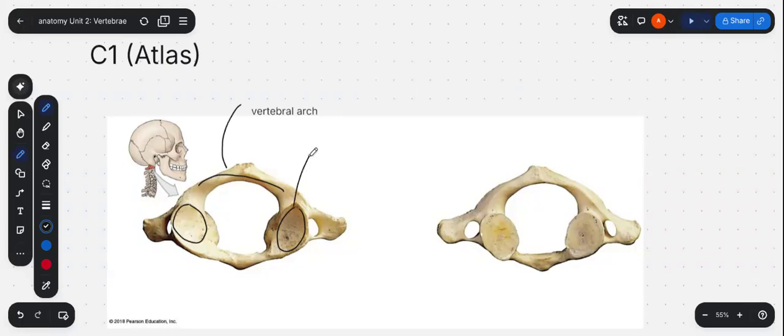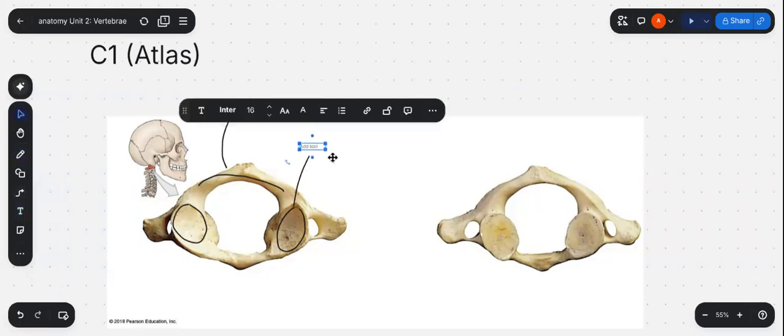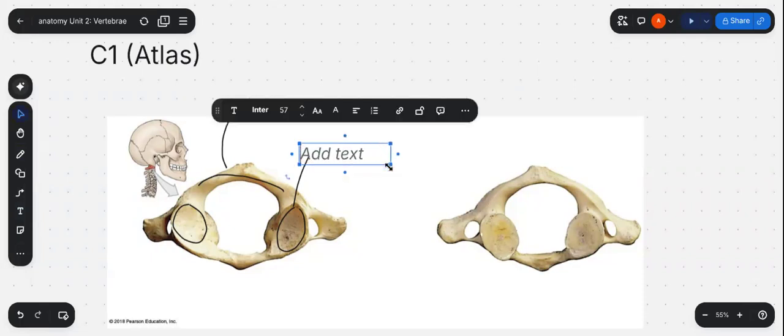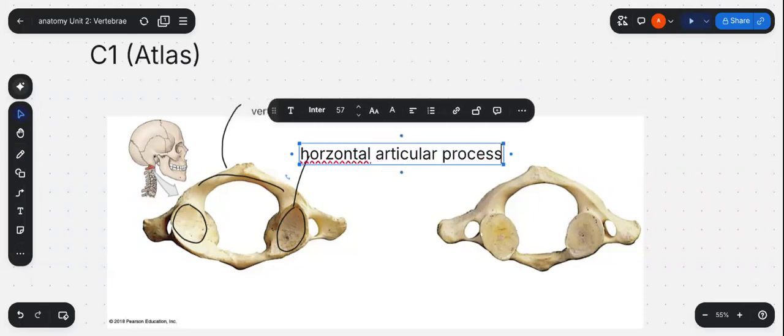The difference between processes and facets is that processes are like the actual projection, while facets is just a smooth portion. So again, it is your horizontal articular process.